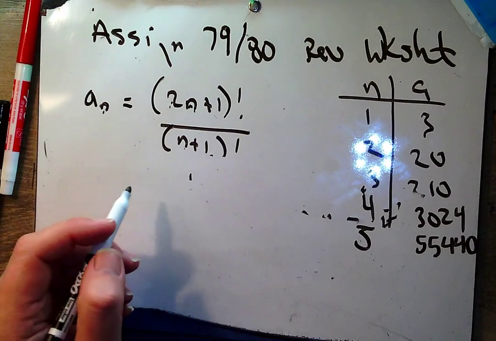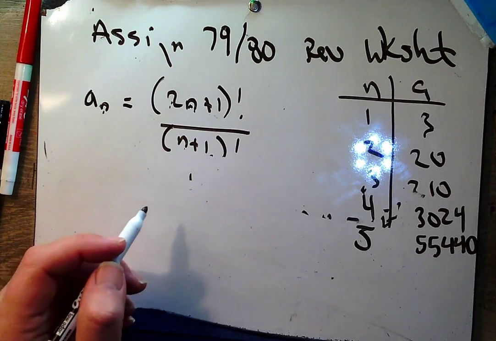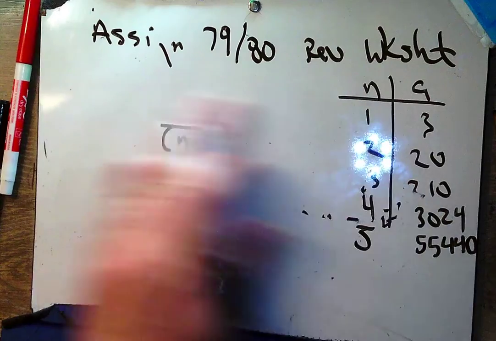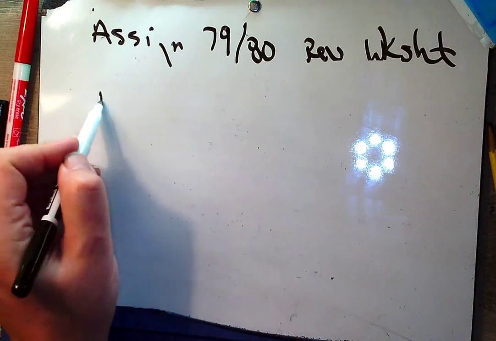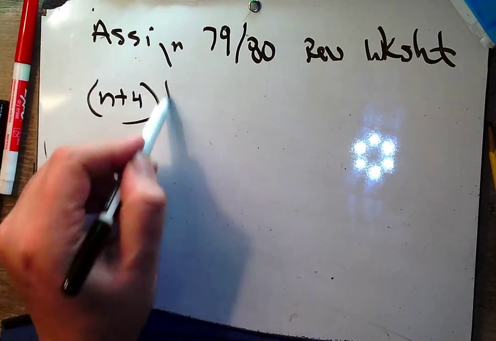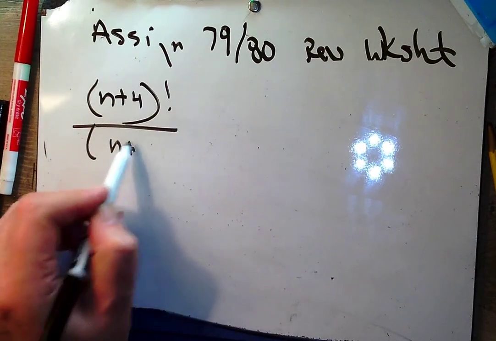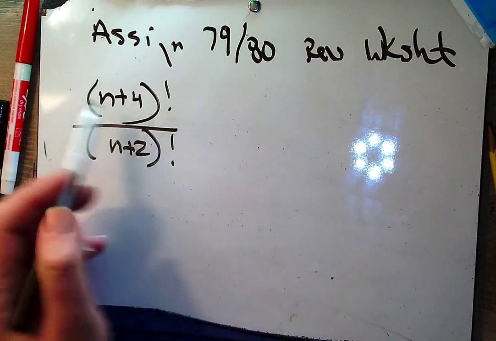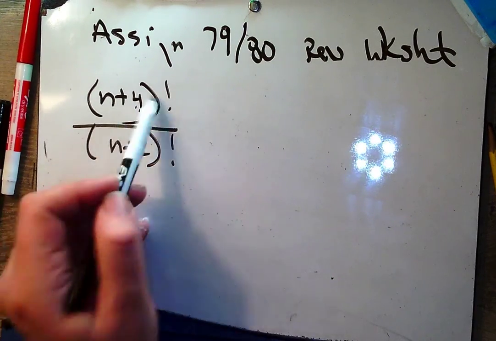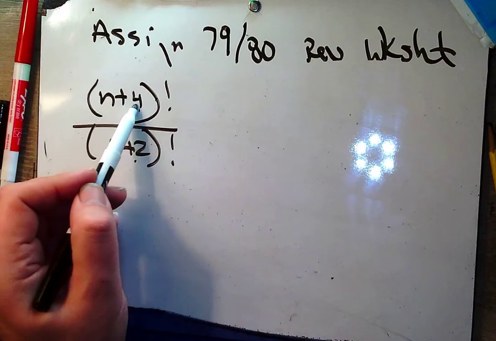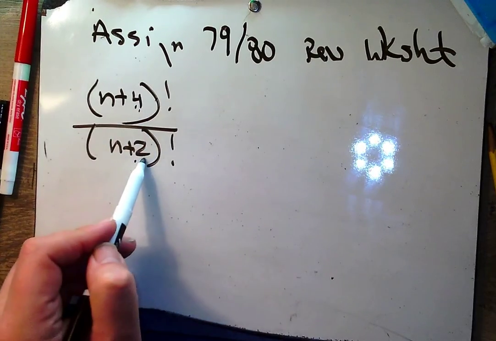Okay, 2. Simplify the ratio of factorials. Oh, okay. We've got (n plus 4) factorial over (n plus 2) factorial. This one's bigger than this one, so I'm going to write these factors down, reducing this number by 1 each time until I get here.